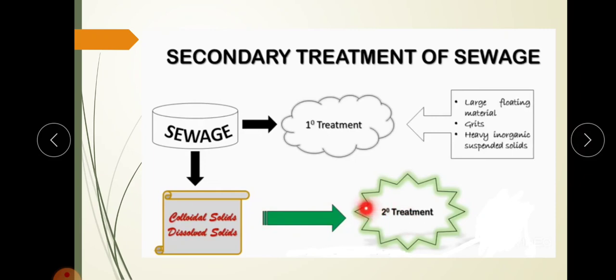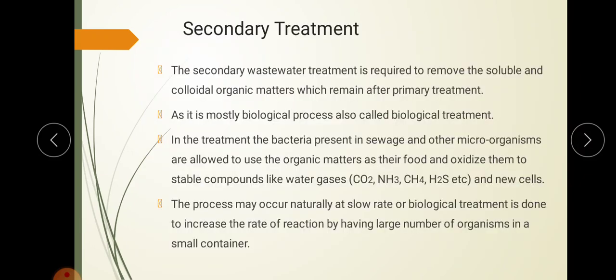And after that we adopt the secondary treatment. Secondary treatment is required to remove the soluble and colloidal organic matters which remain after the primary treatment. So after the primary treatment there will be soluble and colloidal organic matters, and in order to remove these we are using secondary treatment methods.